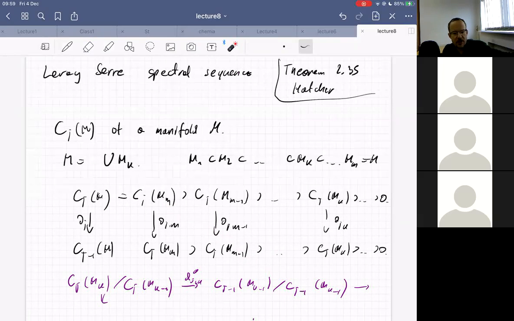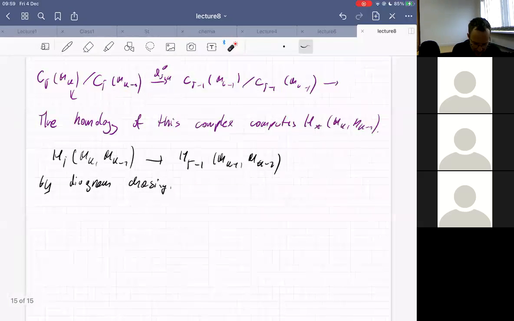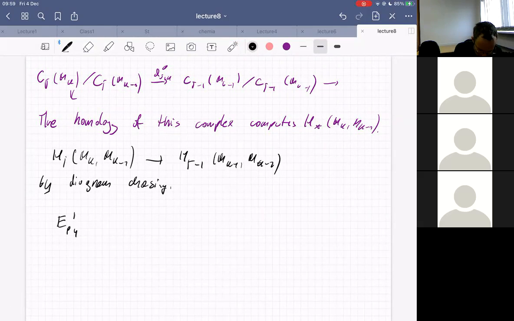I iterated, and what I get is what is called the spectral sequence E_{pq}^j with d^j going from E^j_{pq} to E^j_{p-j,q}. I never remember these indices, and I always have to check it.